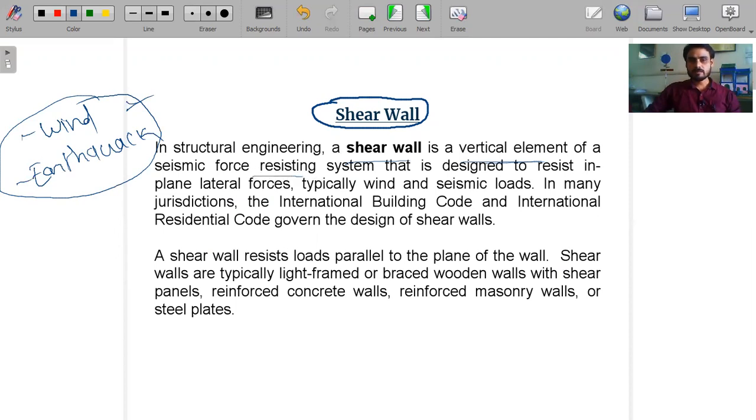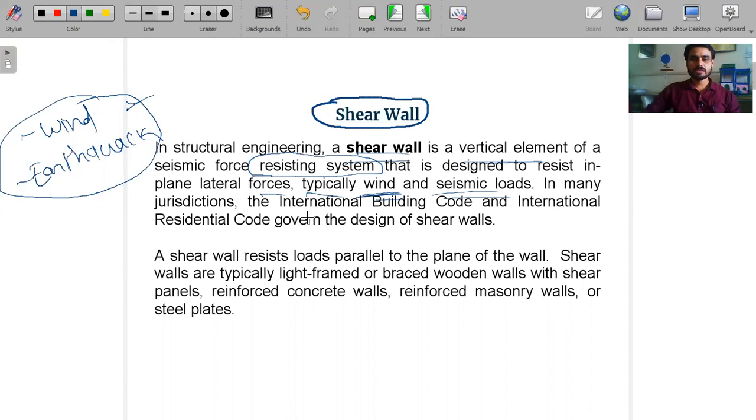In the whole system that we provide in our structure to resist the seismic effect, the shear wall is an important component that is designed to resist in-plane lateral forces, the forces which occur in the plane of that particular vertical wall, typically wind and seismic loading.